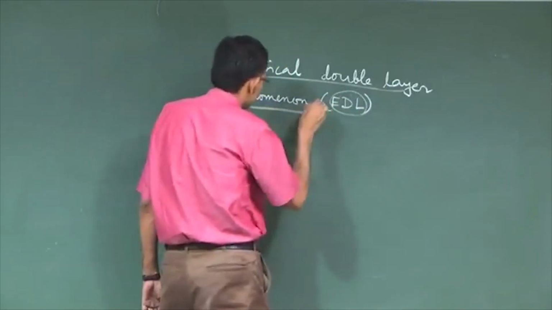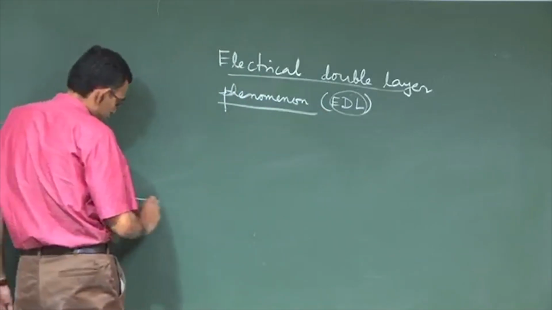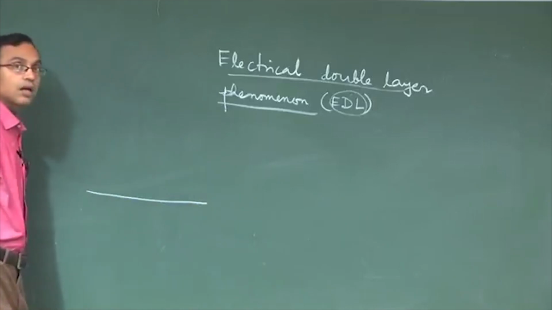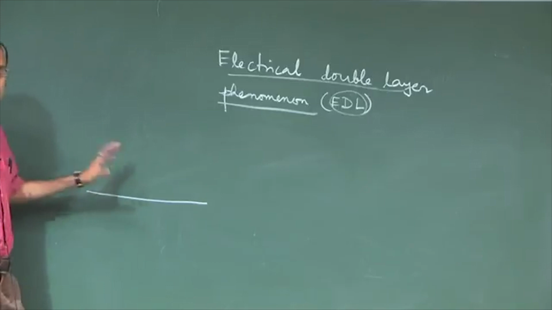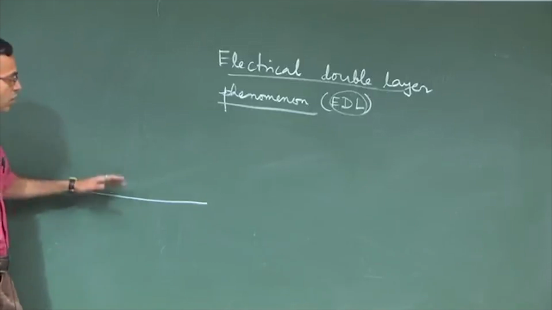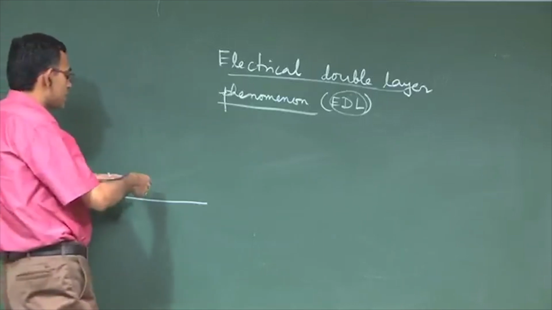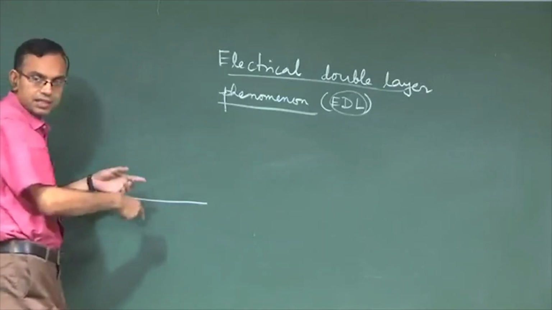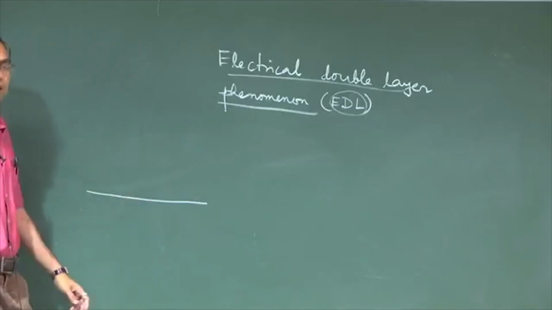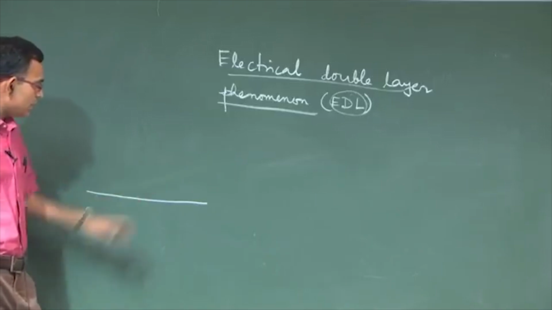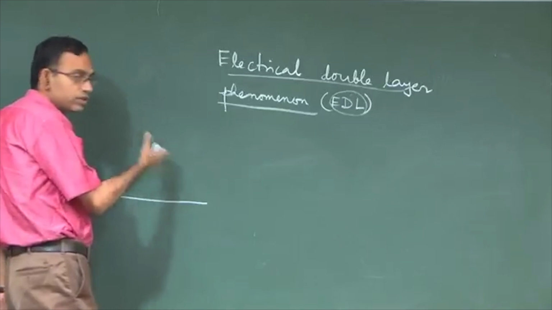What is this? Let us say that you have a surface made of glass. On top of the surface, I am not drawing a channel, because another surface on this side will make a channel. So, I am just considering one of the surfaces. On this surface you have a saline solution.